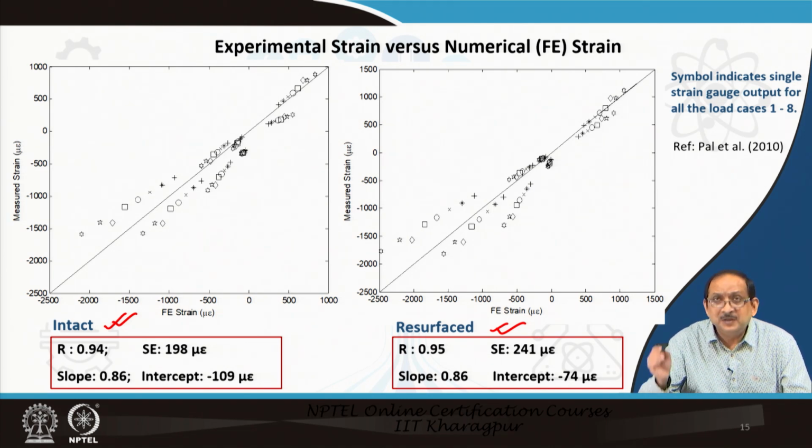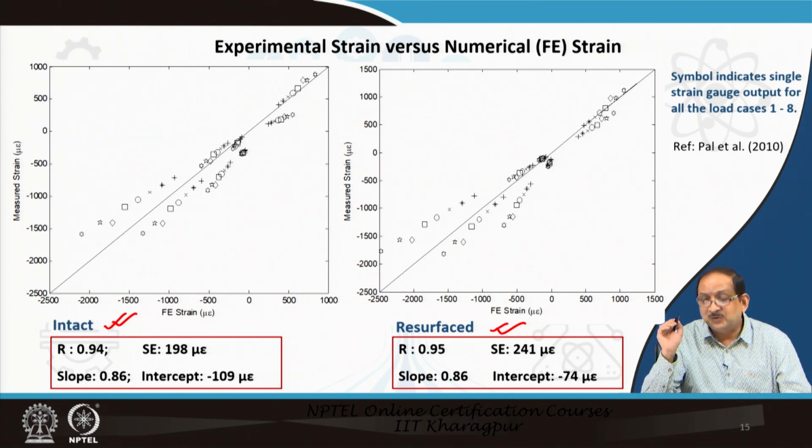One symbol indicates single strain gauge output for all the load cases from 1 to 8. There are 8 load cases. So, each symbol corresponds to a single strain gauge output.